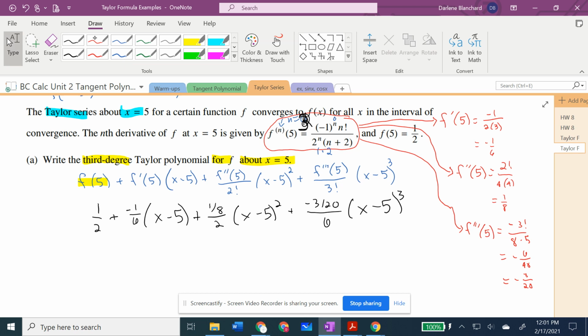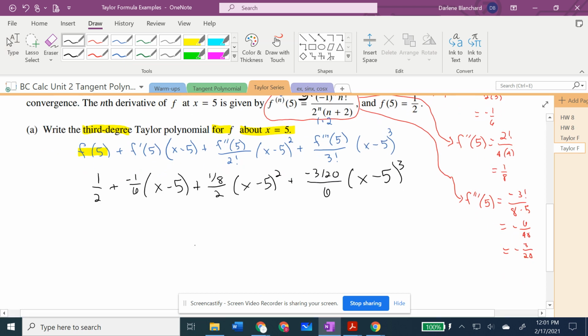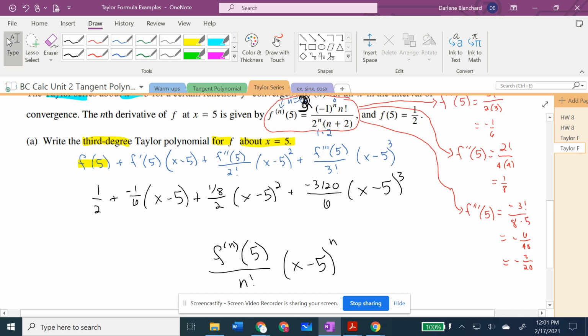So had you recalled that the formula in general is the nth derivative at the center, which is 5, over n factorial times x minus the center to the power of n. If you took the formula for the nth derivative at the center and substituted that in, you can then simplify and make your life a little bit easier.